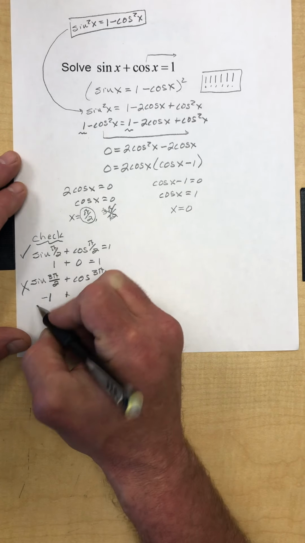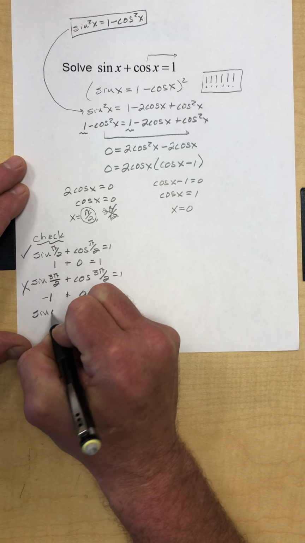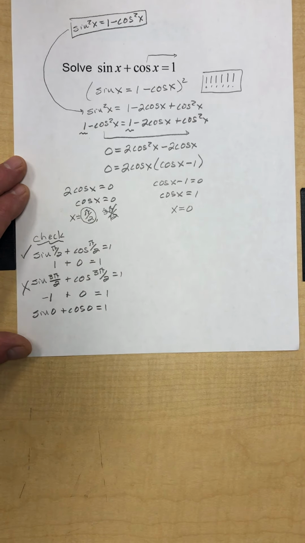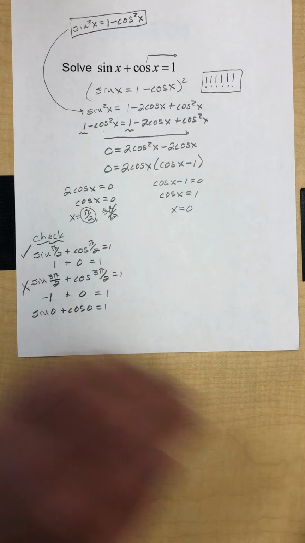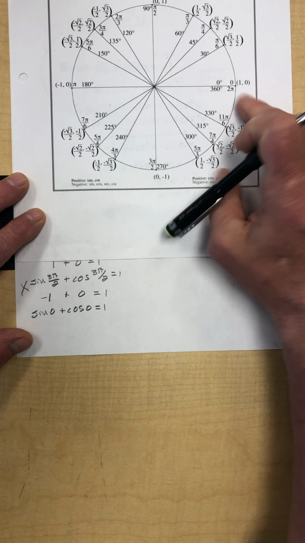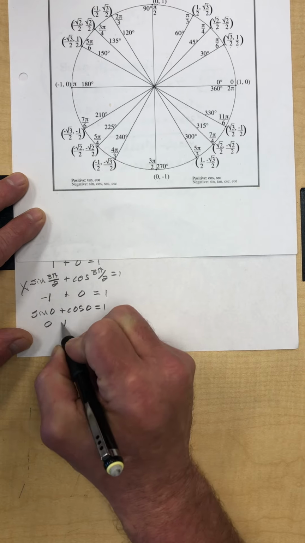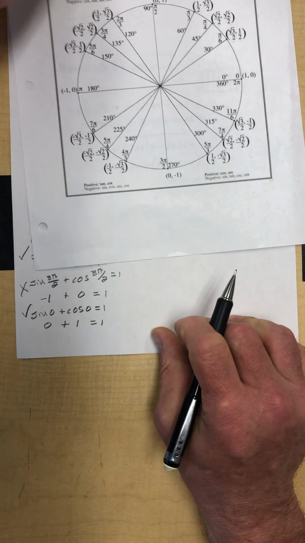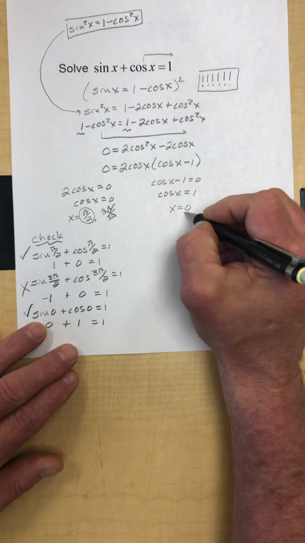And we got to check 0. So we say the sine of 0 plus the cosine of 0 equals 1. The sine of 0 is 0, cosine of 0 is 1, so I get 0 plus 1 equals 1, and that checks. So we get this guy as well.